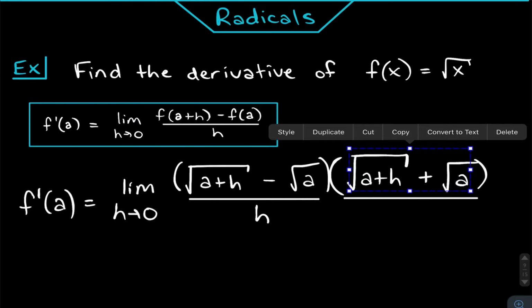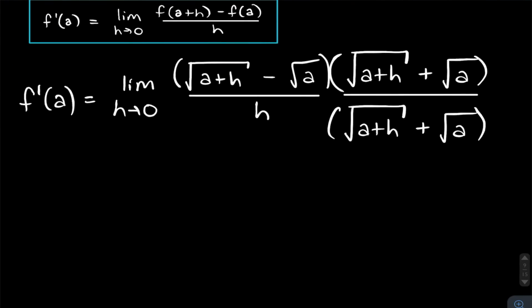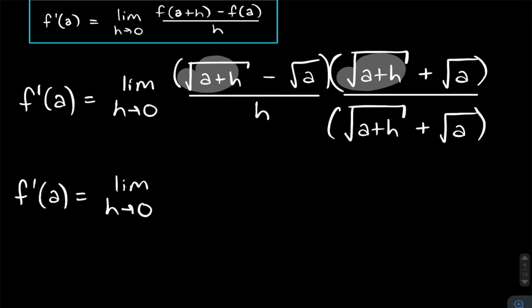Since I'm lazy, I'm going to duplicate this down, because we need to multiply by 1 here, so we multiply by the same thing on top and bottom. And so when we do that, we get f prime of a is the limit as h approaches 0 of: we get a plus h square rooted times another square root of a plus h. That is going to make the square roots go away, and that gives us a plus h.